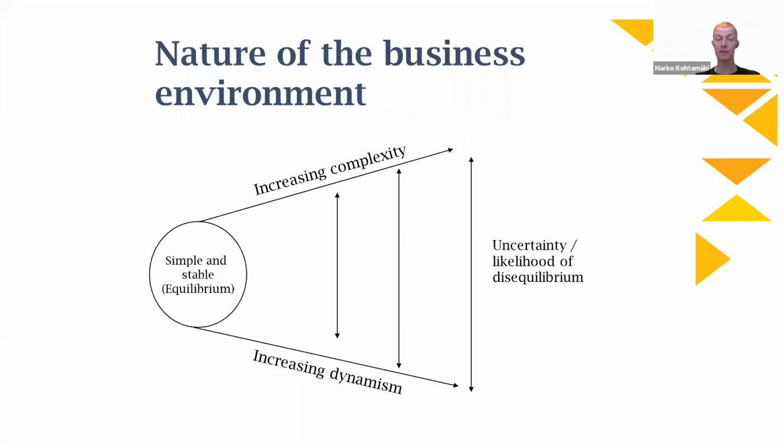And for instance, dynamism and complexity provide these types of concepts which we can use to separate the simple and stable business environment from the complex and unstable, the equilibrium condition from the disequilibrium condition.